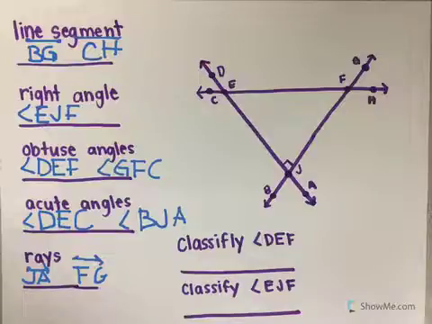Okay. Now, it says to classify angle DEF. So where is DEF? Right here, right? Yeah. Classify. That means name the type of angle. Angle DEF. What type of angle is that? We have 4 different types of angles, don't we? We have acute. We have obtuse. We have right. And then what's that other one we haven't talked about yet?